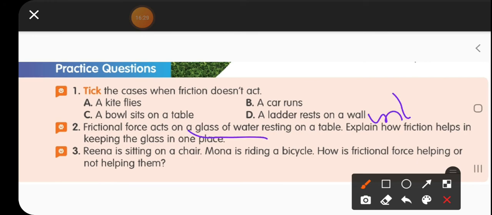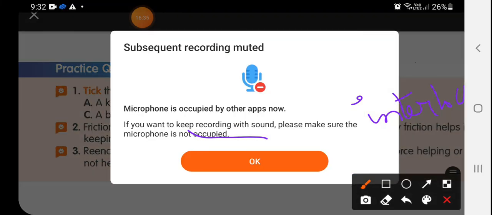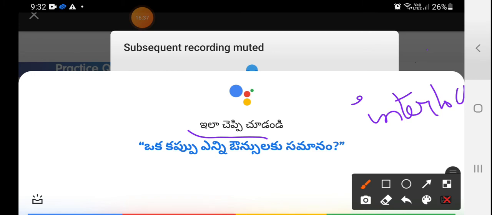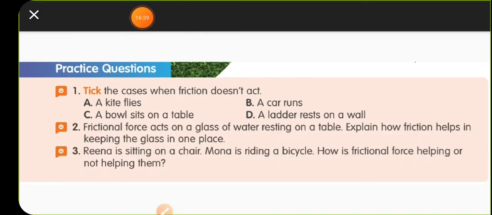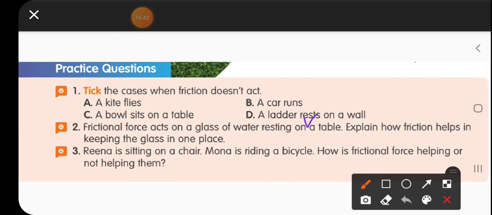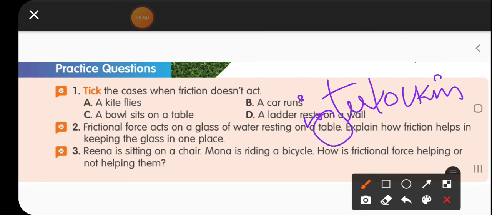The interlocking between the glass and the table. The word interlocking is a must here. Interlocking between the glass and the table will help the glass to stay at one place.